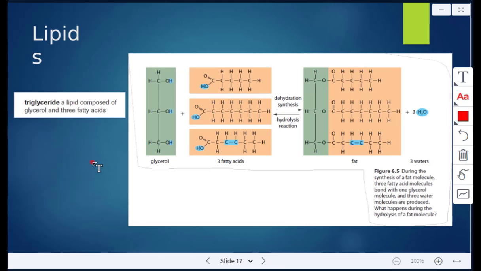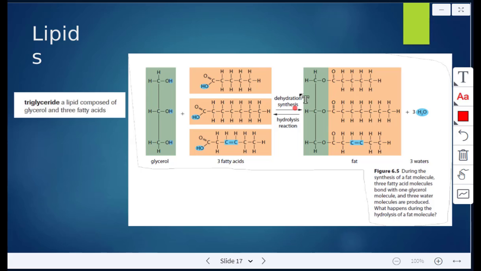All right, so here again we're seeing the structure of lipids. It's called a triglyceride. It's a lipid composed of glycerol and 3 fatty acids. So again, we have the backbone, the glycerol, plus the 3 fatty acids.